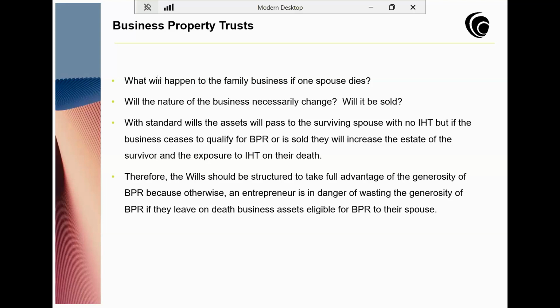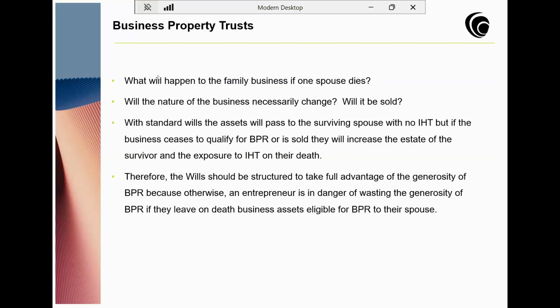If shares in a family company pass to the survivor, they'll do so without inheritance tax, of course. But if the business ceases to qualify for business property relief for inheritance tax, or if it is sold, that will then increase the inheritance tax exposure on the survivor's estate, because they would have turned an IHT efficient asset into cash or indeed other non-qualifying assets.